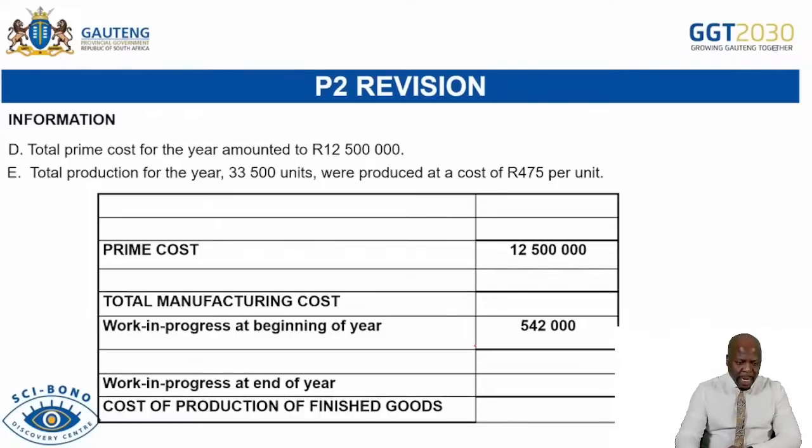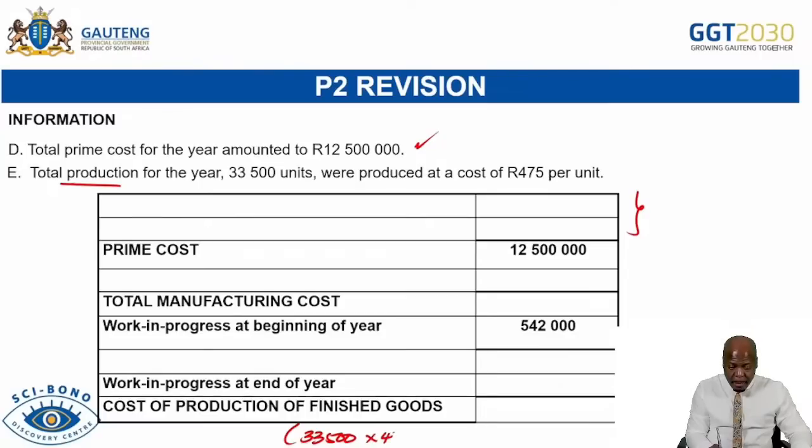Okay. So we are now told, remember we have already recorded the prime cost, it was given. And then, so the top part, remember we did it already, but we're given now the last part of your production cost statement. We were given the finished goods. So it simply means we come here and we say 33,500 and we multiply that by 475 to give us the final amount.